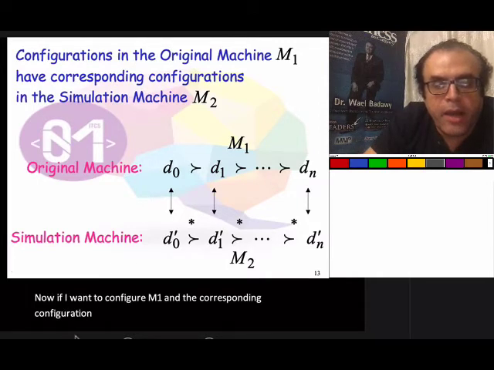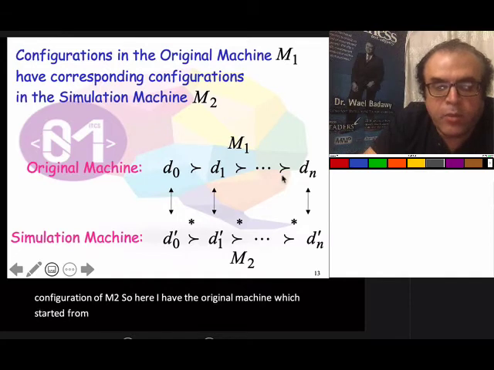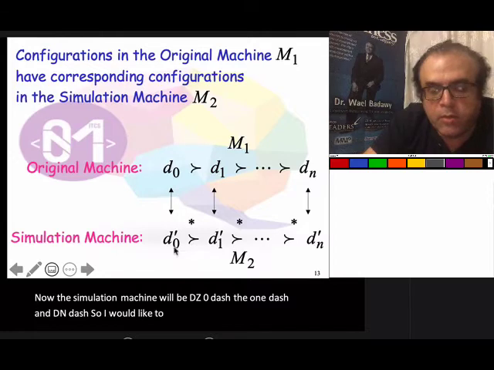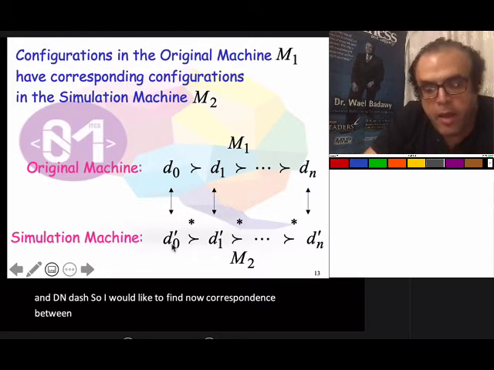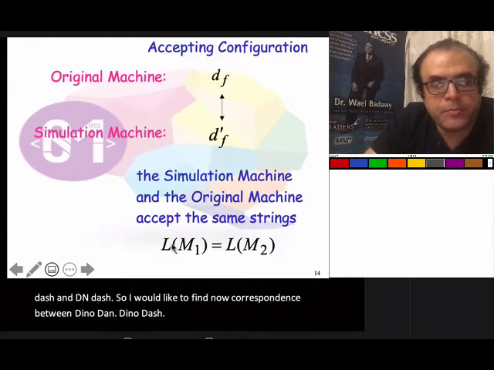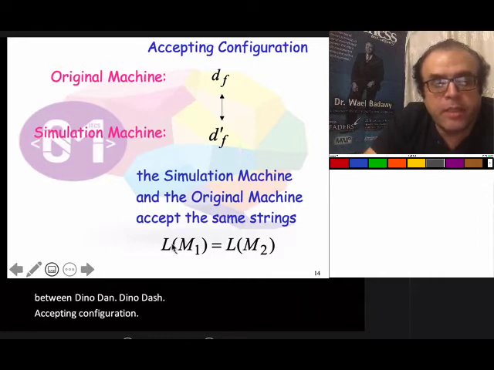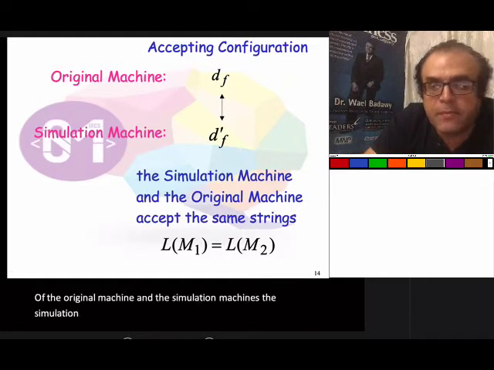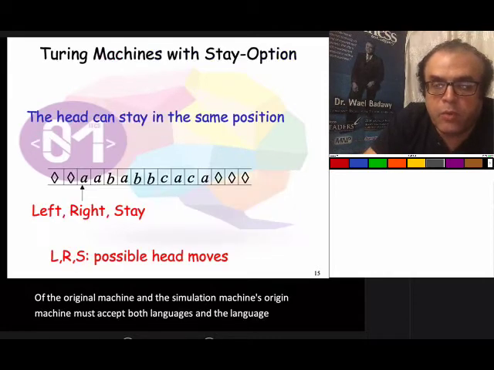Here I have the original machine, which starts from state D0 and then D1 and keeps going till Dn. Now the simulation machine will be D0', D1', and Dn'. So I would like to find a correspondence between D and D'. Accepting configuration of the original machine and the simulation machine: the simulation machine and the original machine must accept both languages, and the language of M1 will be equal to that of M2.